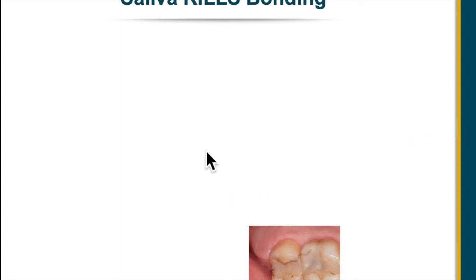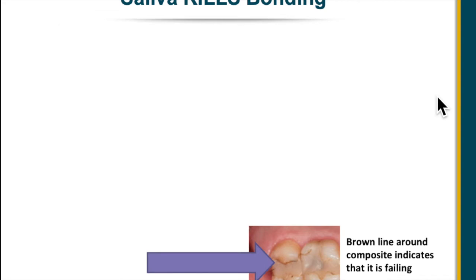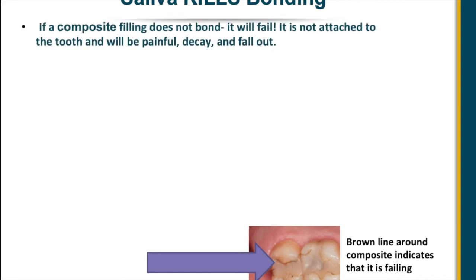So I leave that picture there because we're going to walk through some steps here. That brown line indicates a failing composite, and it must be bonded or it will be painful. It'll get cavities around it. It'll fall out. It's just a real problem, and that's why sometimes dentists still use amalgam fillings for simplicity's sake, because amalgam fillings are much easier to place than composite fillings.